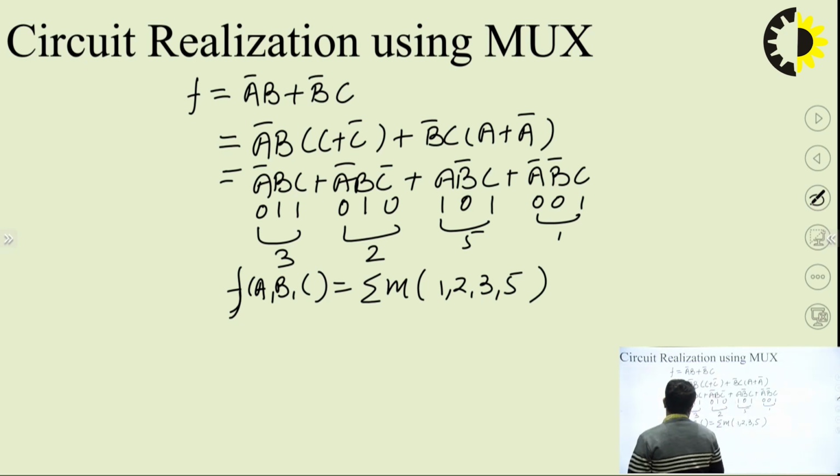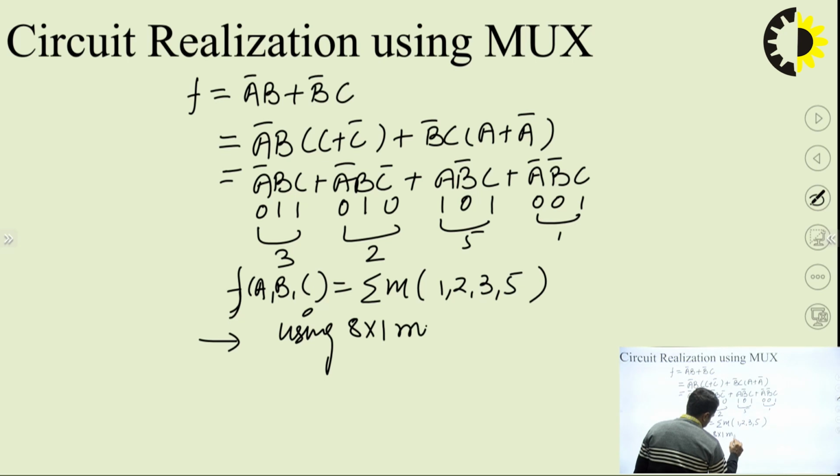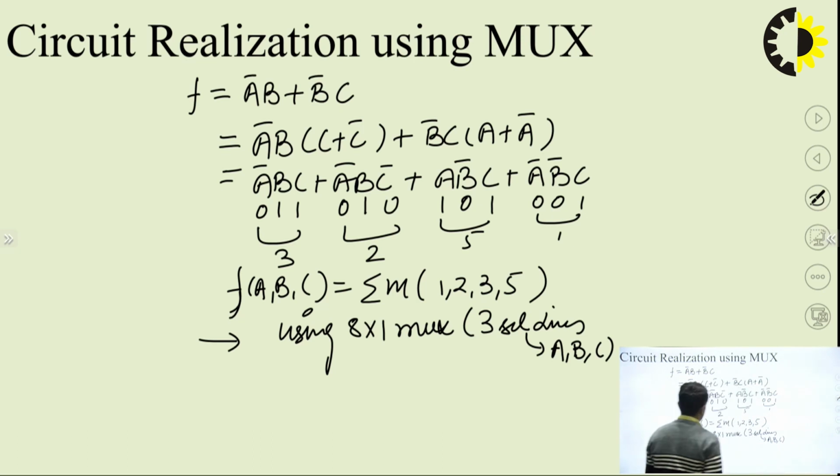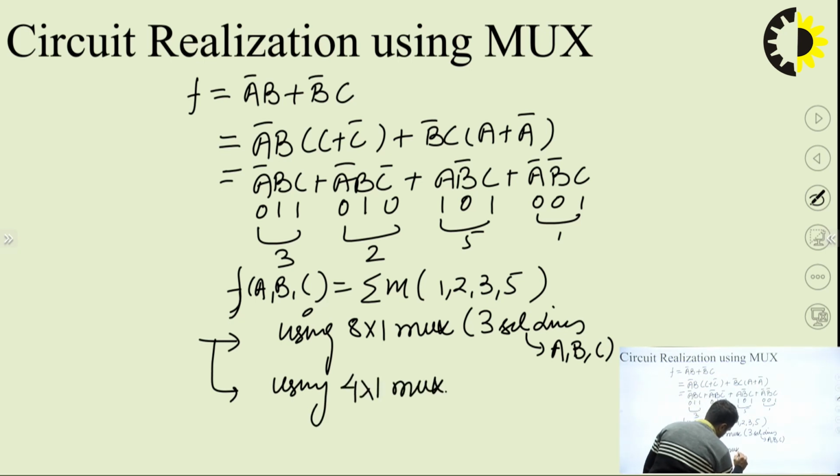Okay. So if this question has to be realized using 8 cross 1 multiplexer having 3 select lines, I have to simply replace those 3 select lines with A, B and C. Simple. Okay. But if the same question is to be done using 4 cross 1 multiplexer, that means it will be having 2 select lines.